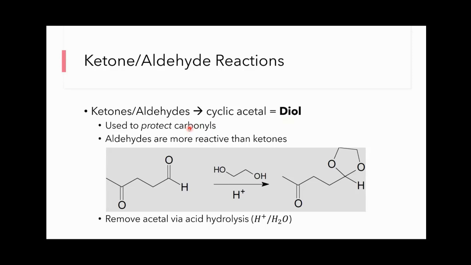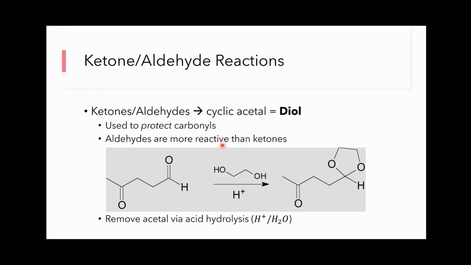Right. So if we have a cyclic acetal, kind of like this, or if you want to make this, you would have to use a diol, so a molecule with two alcohols on it. Typically we do this to protect certain carbonyls.